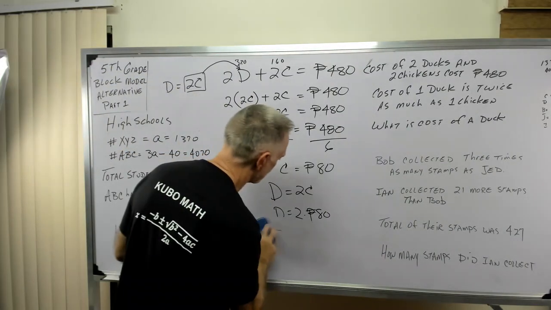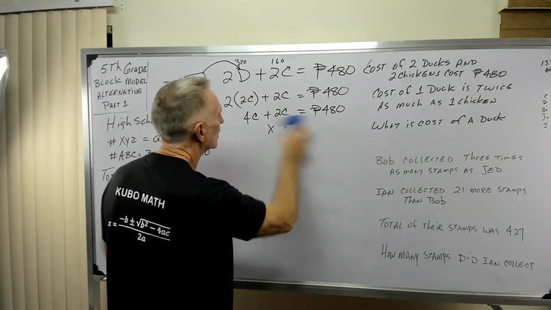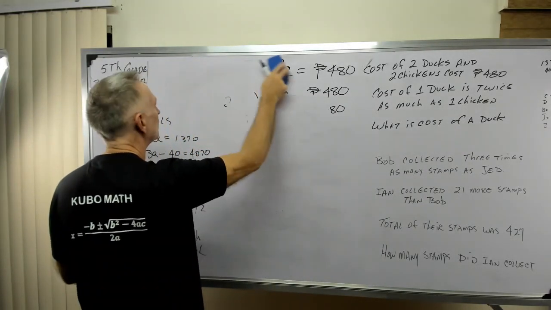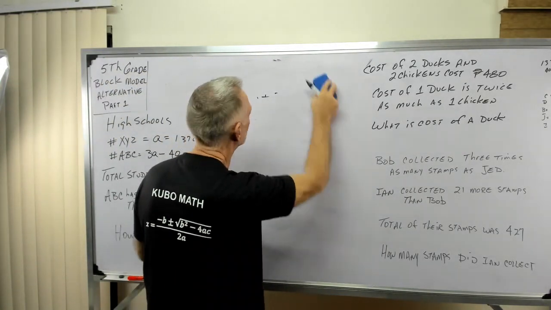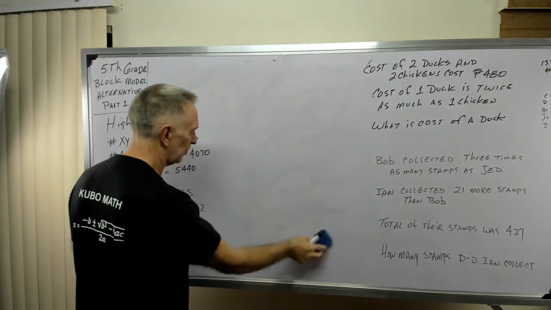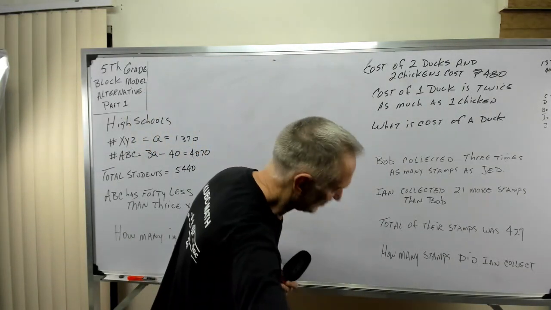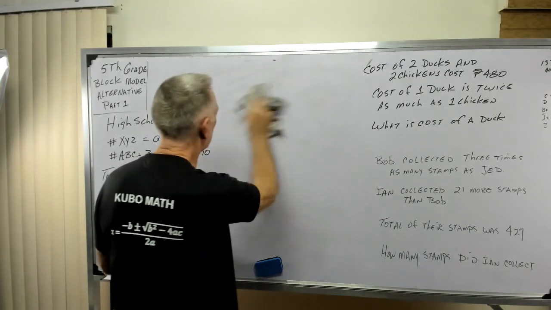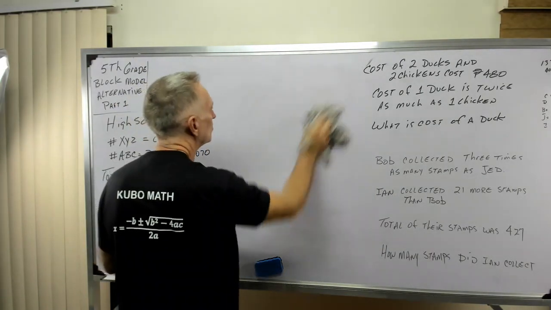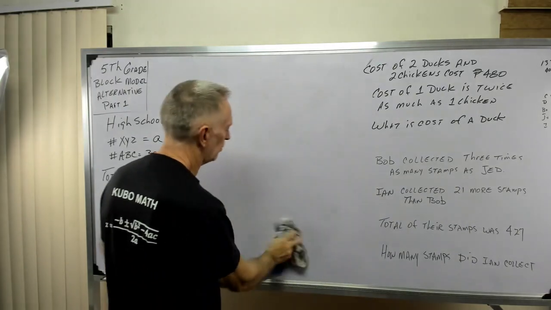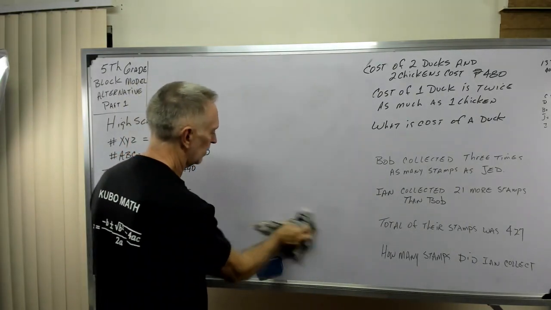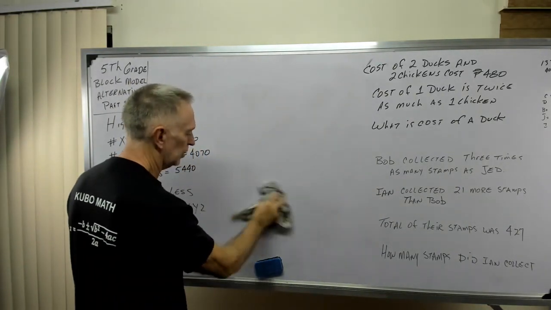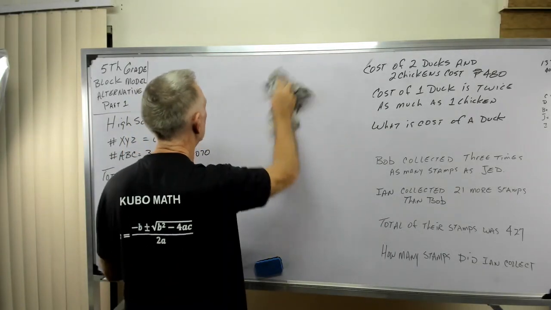All right, I like that one. 2 ducks plus 2 chickens cost 480 pesos. But as you read the problem, just write down what you're reading, and then you can adjust that later if you need to.